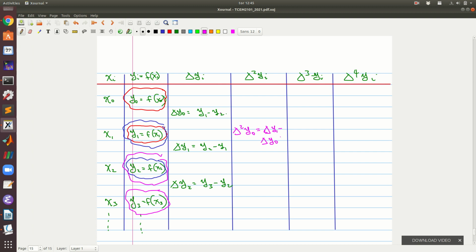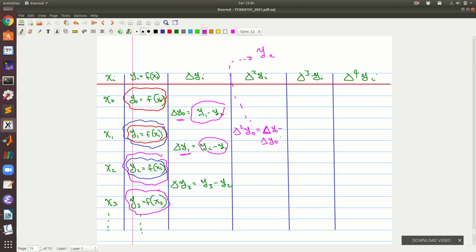Let's try this. Remember, we are saying that the second forward difference at y0, the first entry in here, is going to be the first forward difference at y1, this one here, minus the first forward difference at y0. Indeed, it is just this minus that.